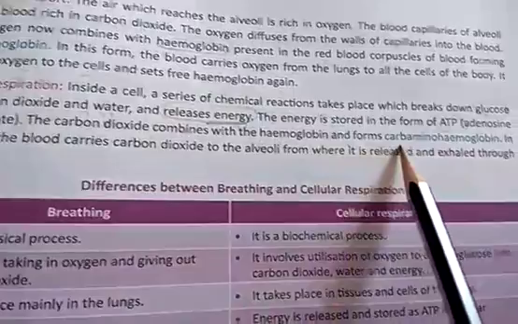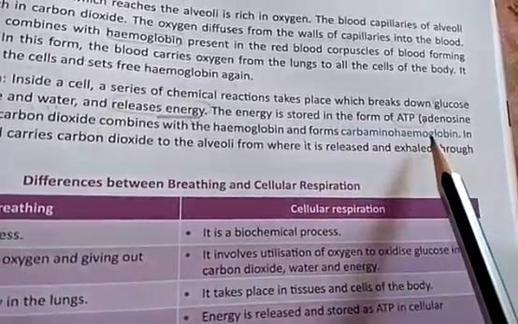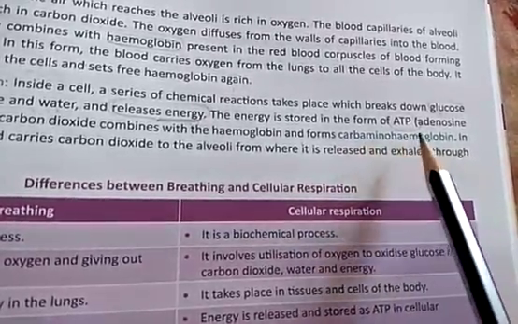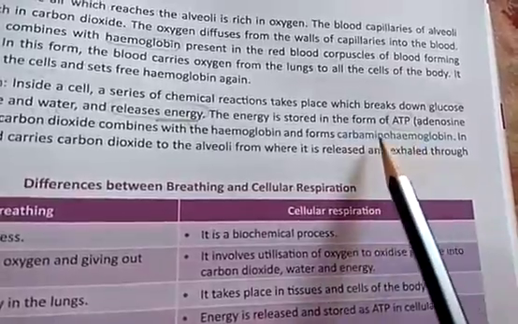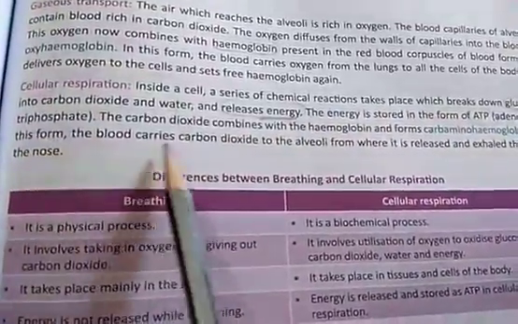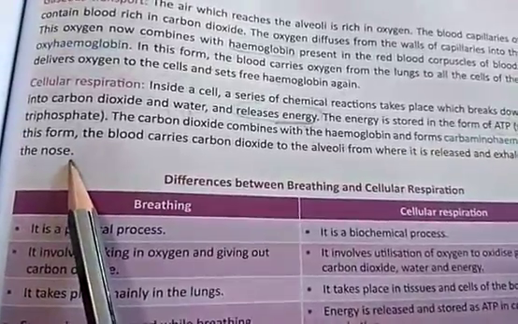So the complex will become carbaminohemoglobin. When hemoglobin was attached to oxygen, it was called oxyhemoglobin. Now carbon dioxide is attached to hemoglobin, it is called carbaminohemoglobin. In this form, the blood carries carbon dioxide to the alveoli, from where it is released and exhaled through the nose.